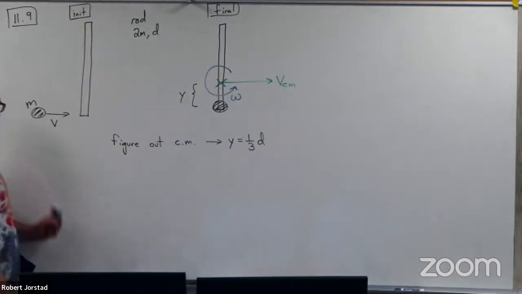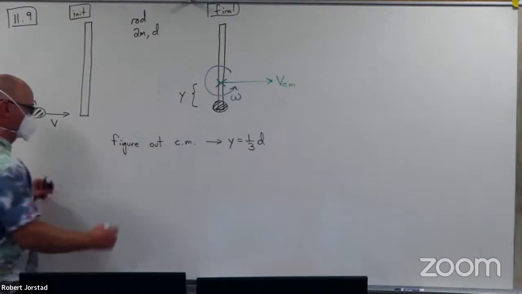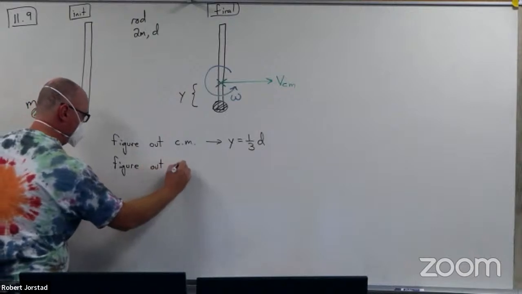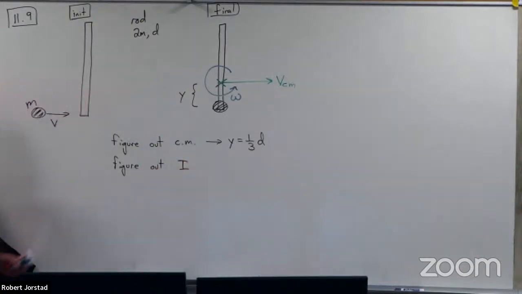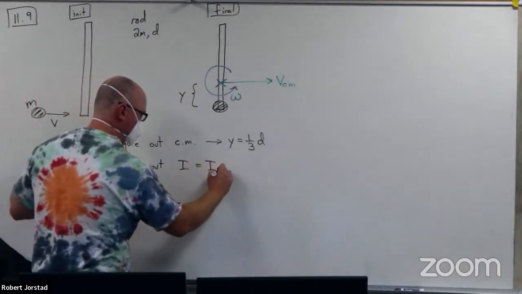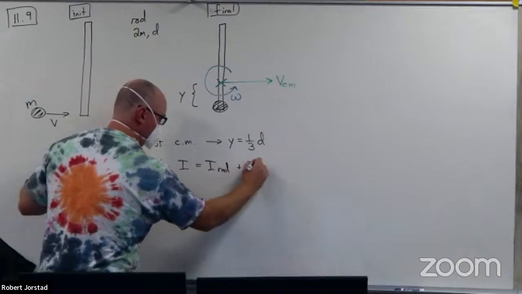Do you agree we're going to need some moments of inertia? We need a moment of inertia. We're going to need the parallel axis theorem. It's going to be I of the rod plus I of the point mass.